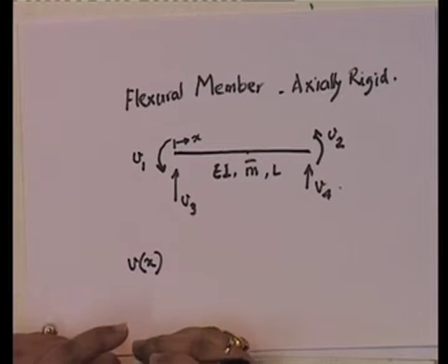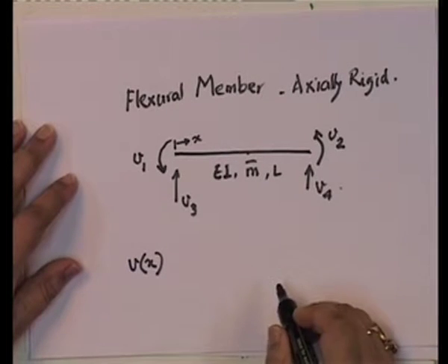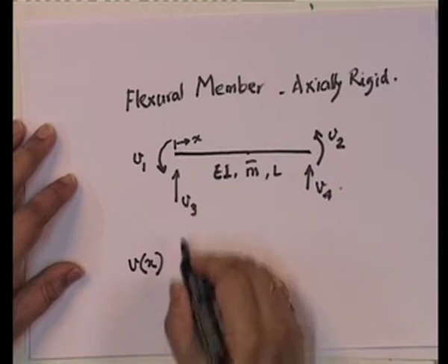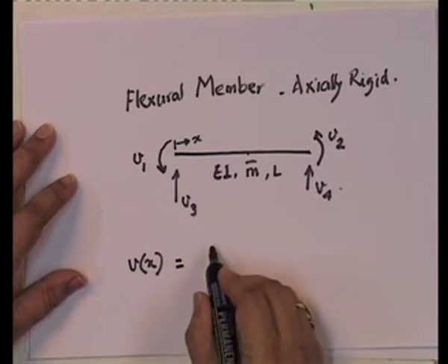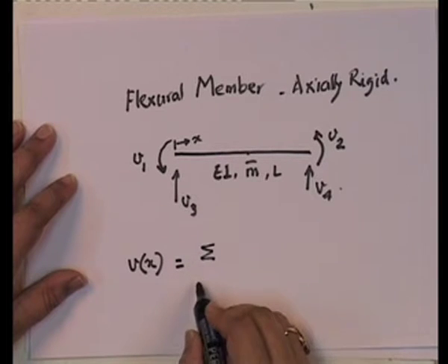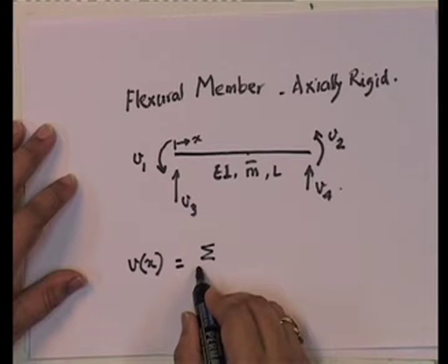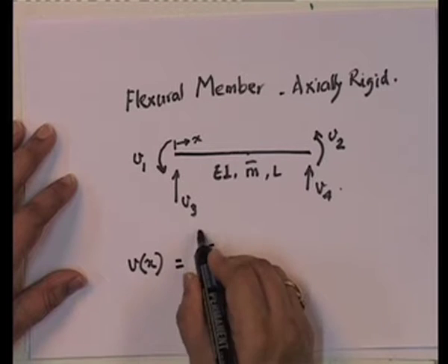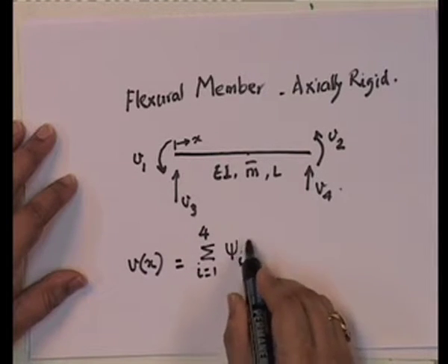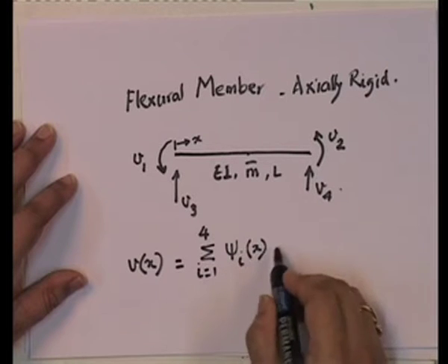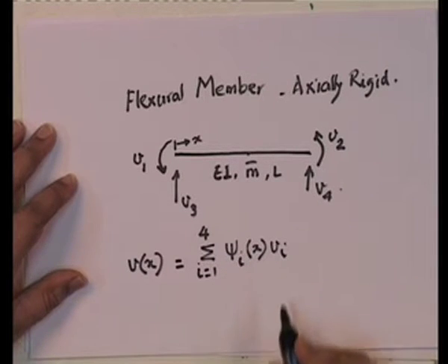So, V at any point x. In a classical sense, if you look at the stiffness approach, what is V of x? It is given in terms of these, and it is equal to the summation, i going from 1 to 4, of psi i of x into V i.